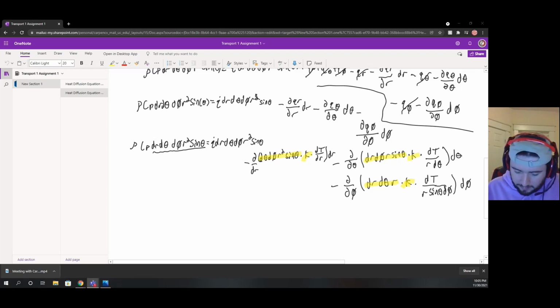So we have our density times our specific heat times dr d theta d phi times r squared sine theta equals our heat generation in the volume times dr d theta d phi r squared sine theta.